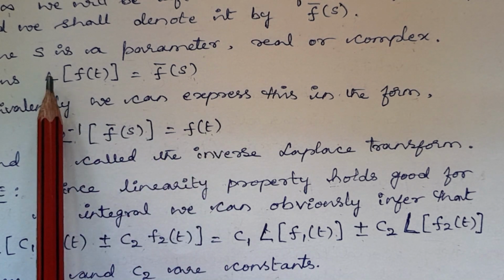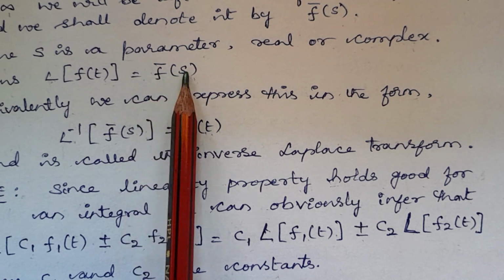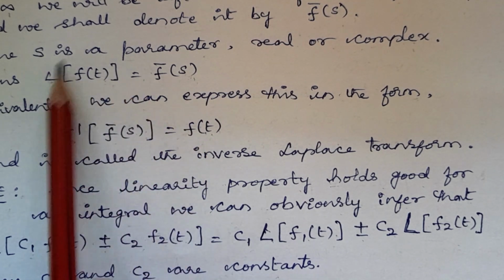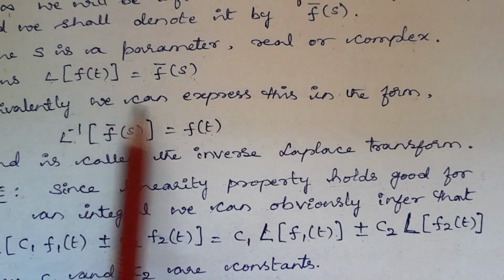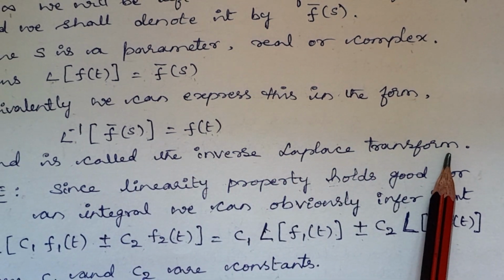This L, if we shift it to the right side, L inverse of f bar of s equal to f of t. L inverse of f bar of s equal to f of t and is called the inverse Laplace transform.